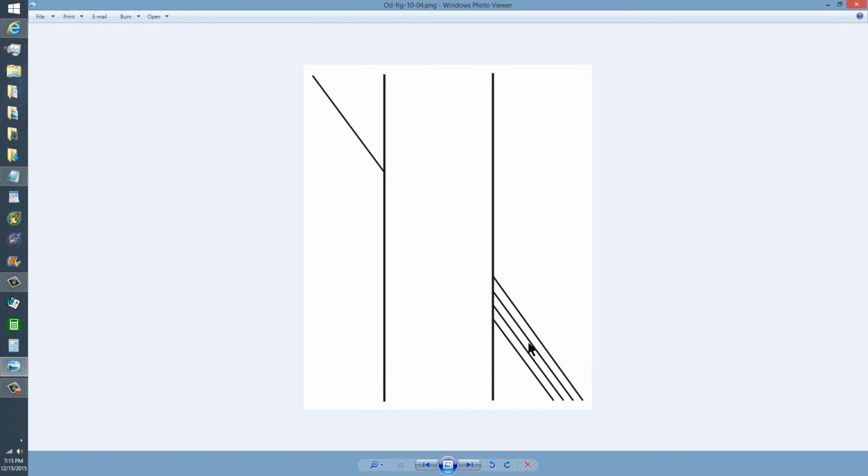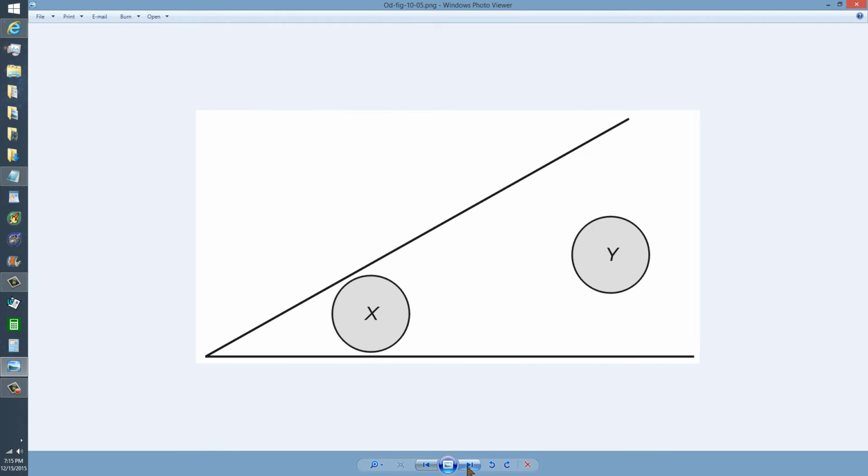With which one of these four lines does that one line up? In other words, if you were to extend this line, at which of these four lines would it end up? Which of the two discs is bigger, disc X or disc Y?